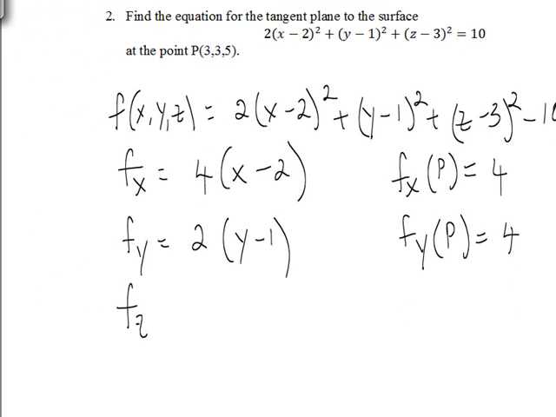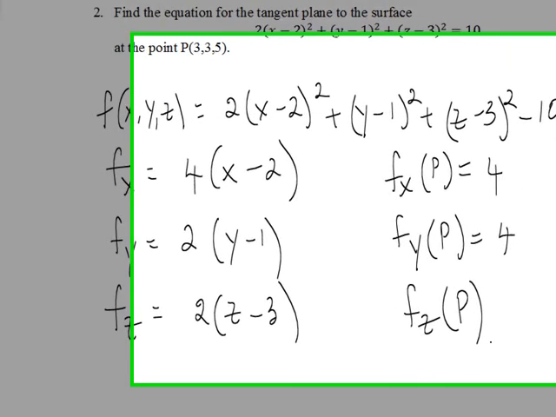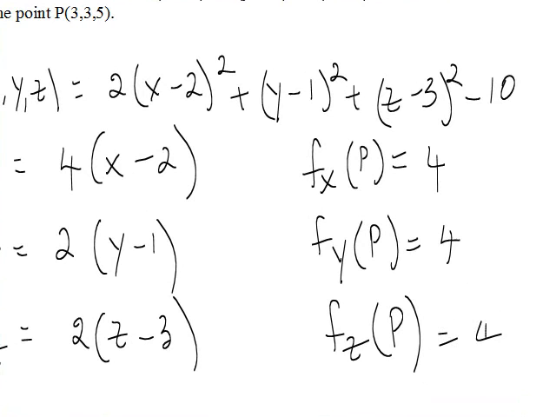Somebody else give me the partial with respect to z. 2 times (z minus 3). And what is this at P? 4. Oh, we have three 4s. Interesting. Okay. z is 5, don't forget that.